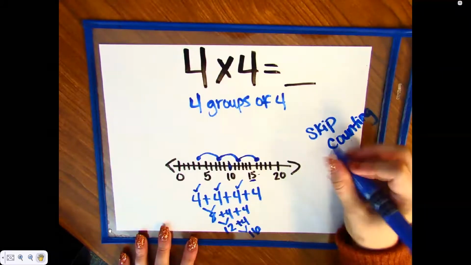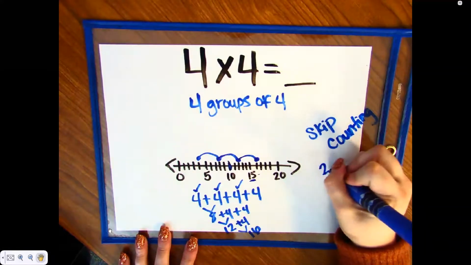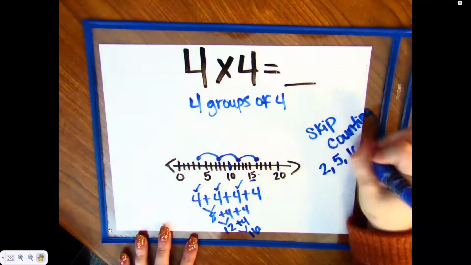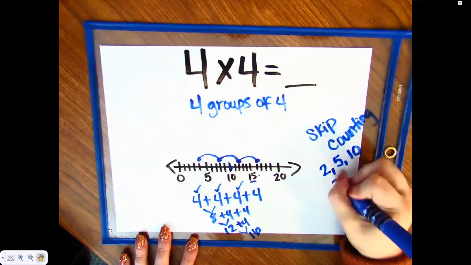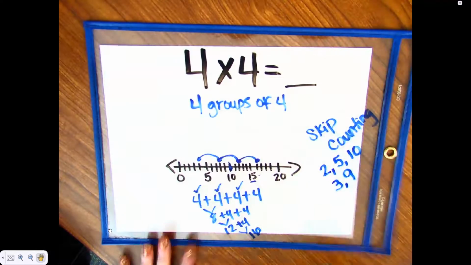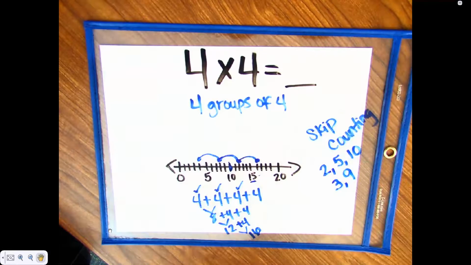So those numbers could be 2, 5, 10. Some of you said you know your 3s and your 9s, okay? So it needs to be a number that you consistently can tell me what the next number is. You don't have to think about it and you don't have to count, okay?